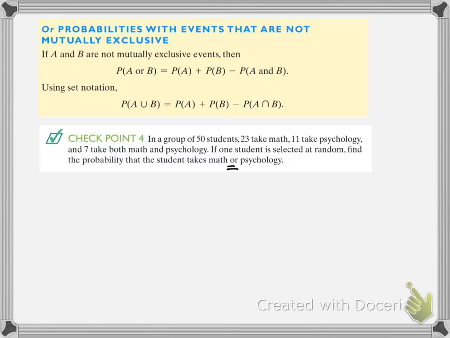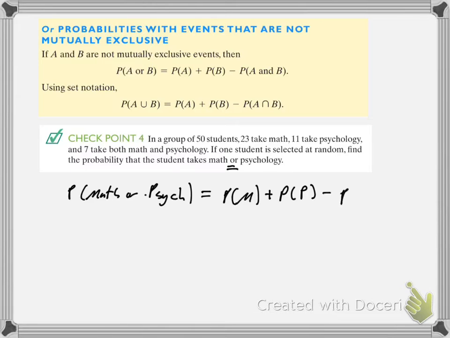So there's 50 students. The probability of math or psych should be the probability of math plus the probability of psych minus the probability of math and psych.